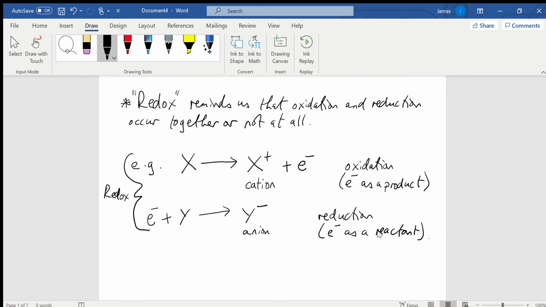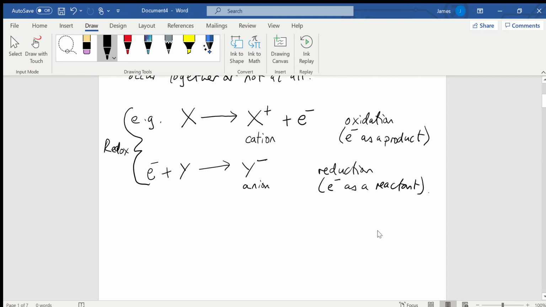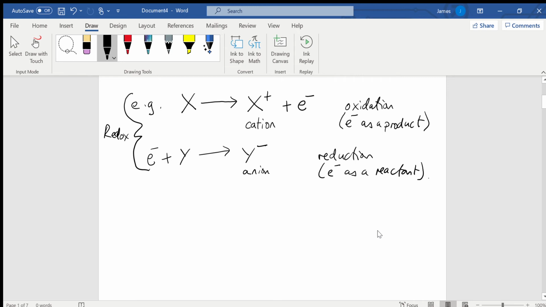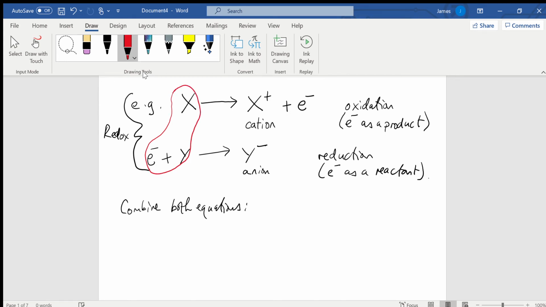So if we were to take these two equations and combine both equations, we'd essentially add everything on the left of the arrow and combine it together, and then have everything on the right of the arrow and combine that together.